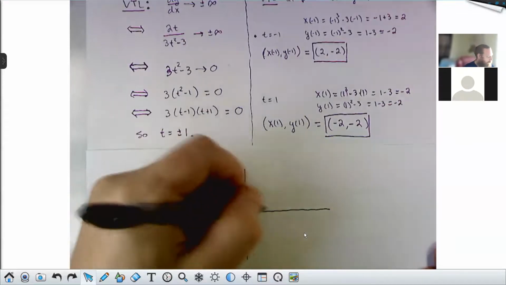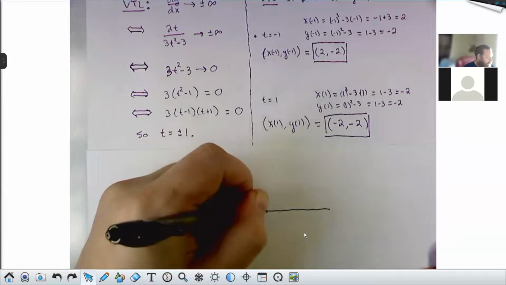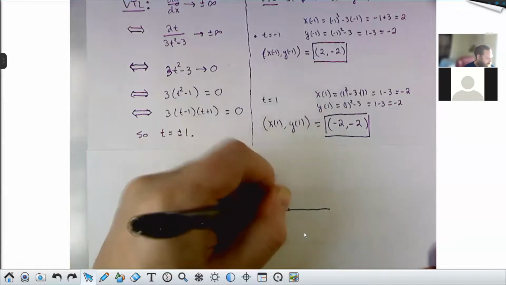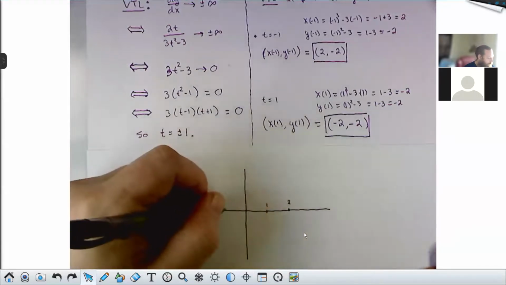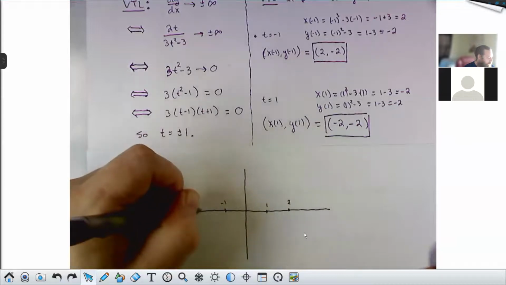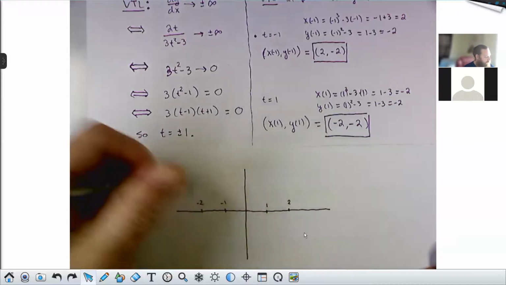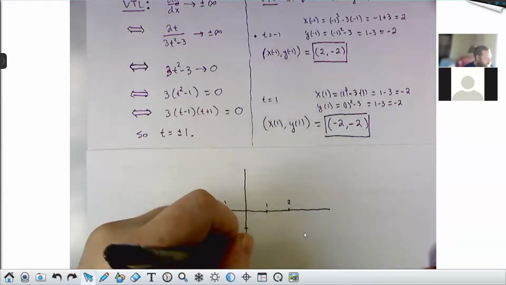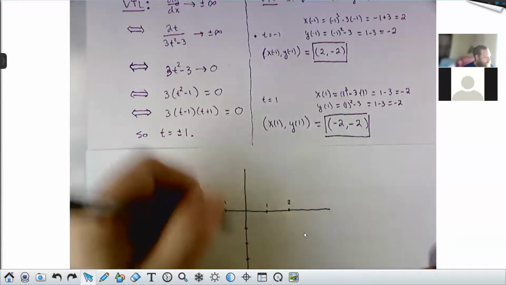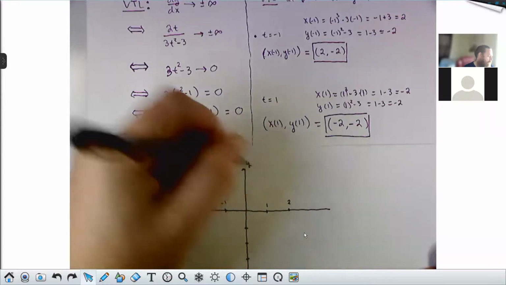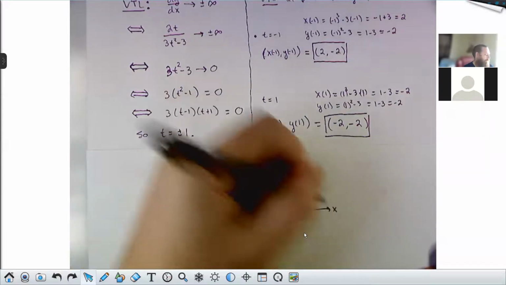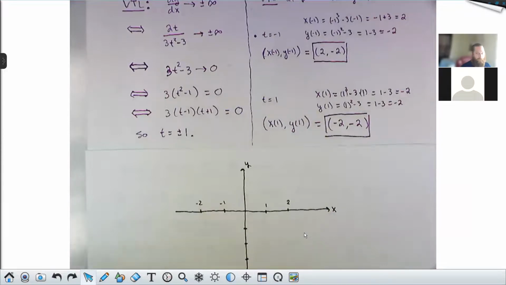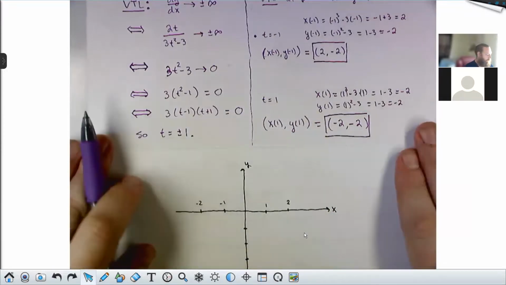Let me tick off the important values here so I know 1 and 2 along the x-axis are important. -1 and -2 along the x-axis are important. -1, -2, -3 along the y-axis are all important. So the points we found were 0, -3.